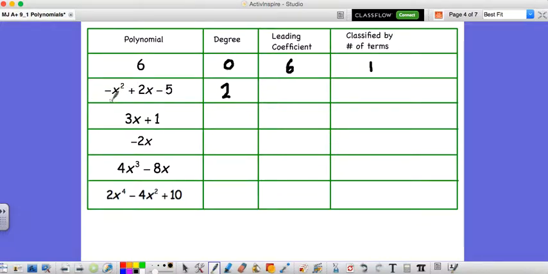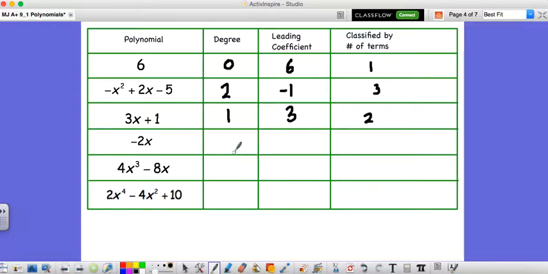What that negative means is it's negative 1 times x squared, so we just have negative 1. Number of terms, 1, 2, 3. Just 3 terms. Degree of this next polynomial is just 1. Leading coefficient is 3. And the number of terms is 2.